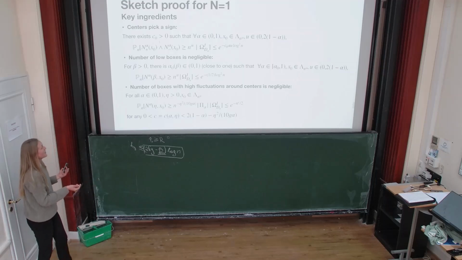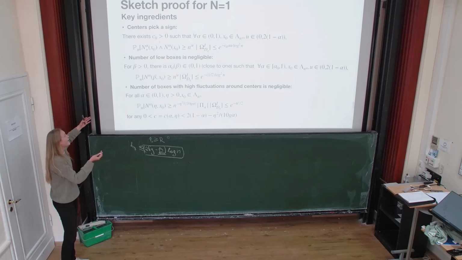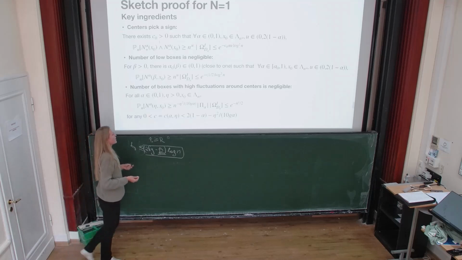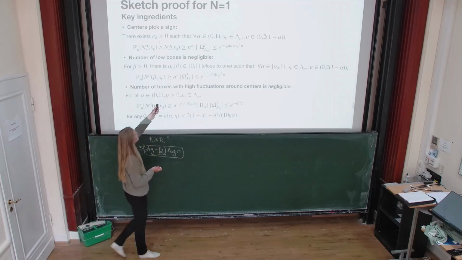So what are we looking at? Suppose we have more positive boxes than negative boxes. Then what does this event mean?